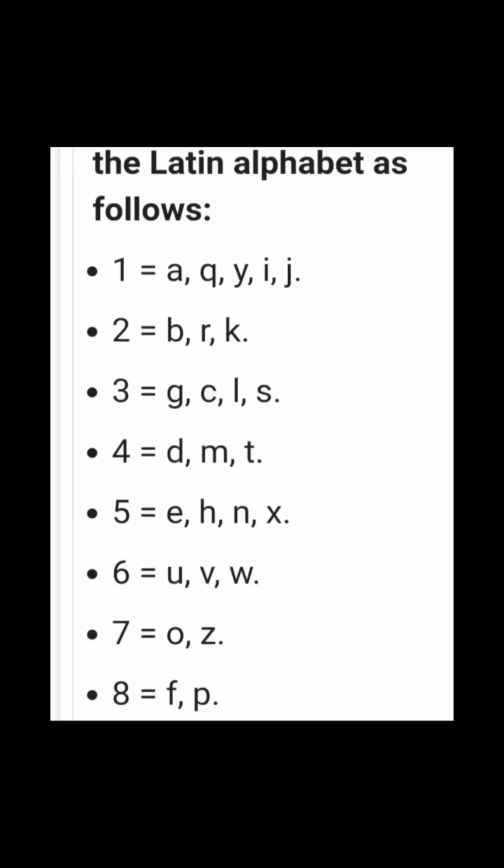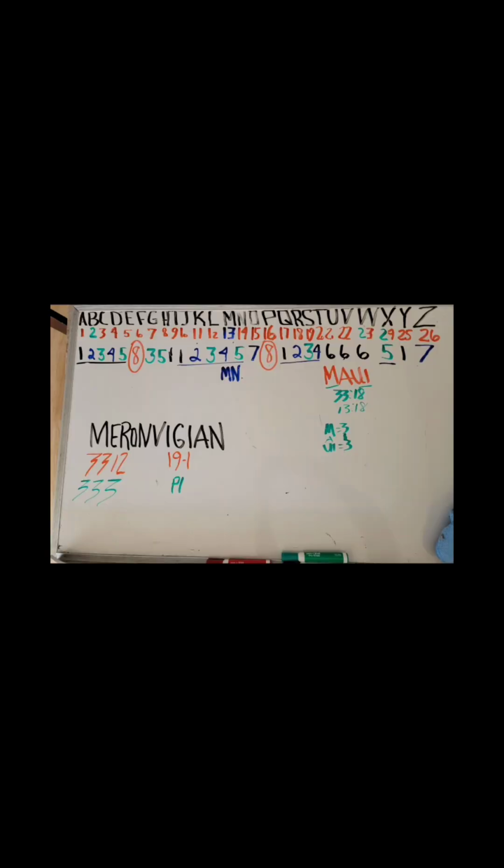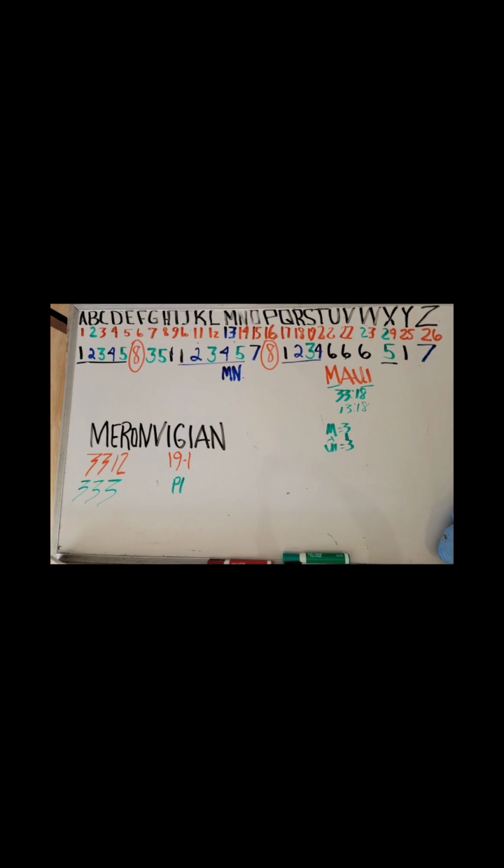When you consider this gematria Latin shortcut here, for each letter that I was just showing you, that's the numeric equivalent that I put there. So notice that where the 6 is, it's UVW. So again, back to the board: A through Z, 1 through 26, and then the third line down is representative of that Latin gematria, which I just showed you.